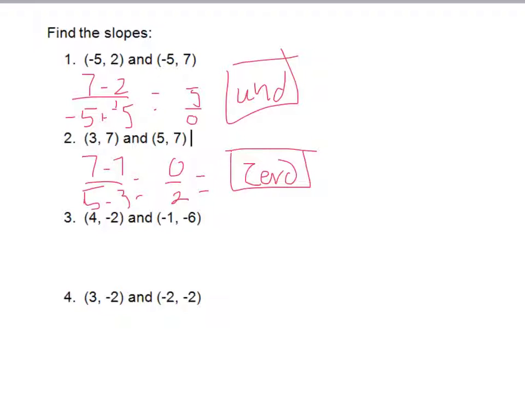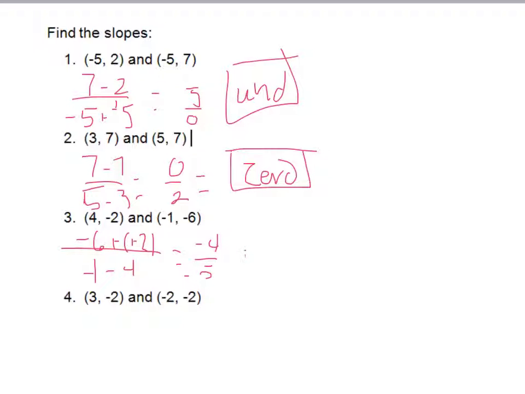Example 3 would be negative 6 minus negative 2, which would be plus positive, over negative 1 minus 4, which would be negative 4 over negative 5.